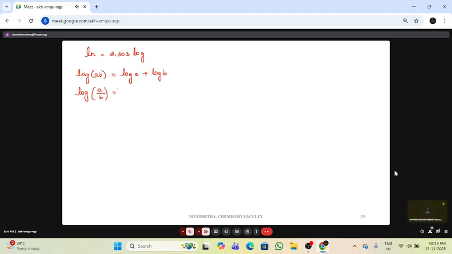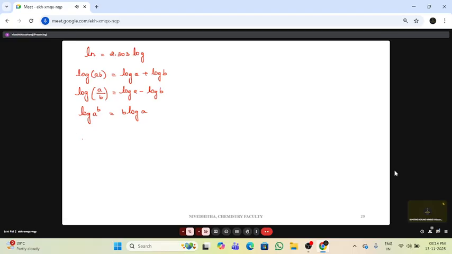Log A minus log B. Very good. Super. What is log A power B? We have to bring this power. Very good, Kana. B log A. That's it. We need only these three formulas.